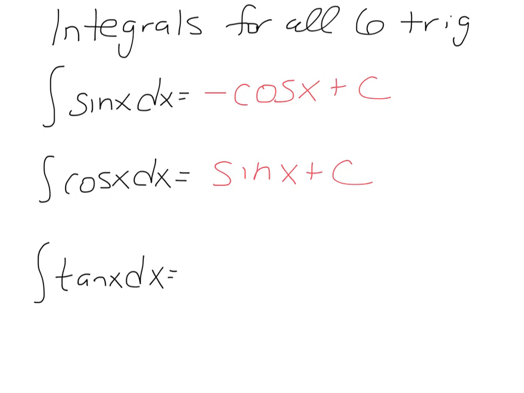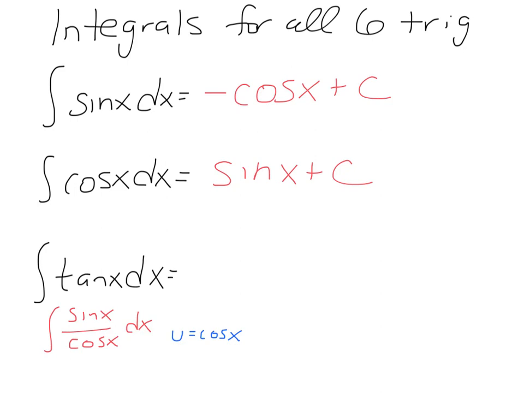With tangent, you could think of tangent as sine over cosine. And at this point, you could use u substitution. You could let u be cosine of x, and I'll leave the rest of the work for you. But if you were to run through that, it would turn into a natural log with a cosine in the middle.